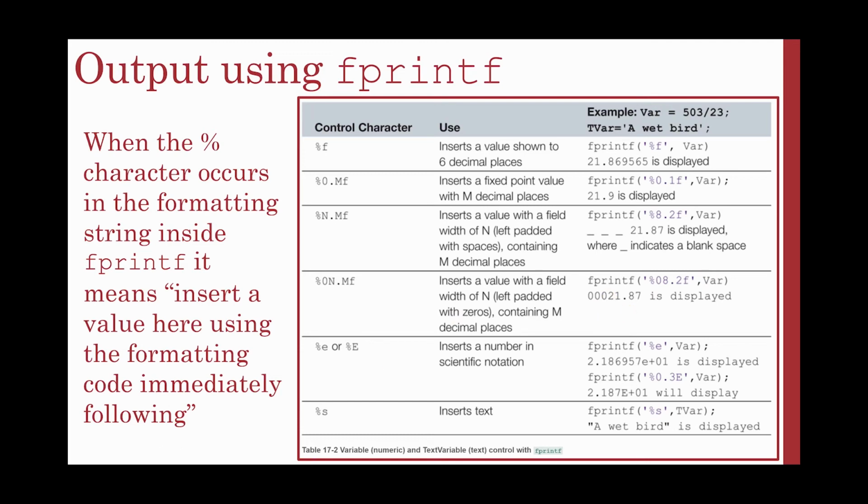%e or capital E is going to insert the variable in scientific notation, and you can combine these. For example, fprintf %0.3e will display in scientific notation with 3 decimal places because I'm combining my 0.m and my %e. %s just inserts text.